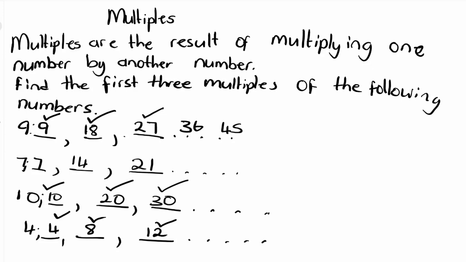You could also say 9 multiplied by 6, that would be 54. 9 multiplied by 7 would give you 63. And you could just go on forever and ever without ending. The same applies also for every other number.